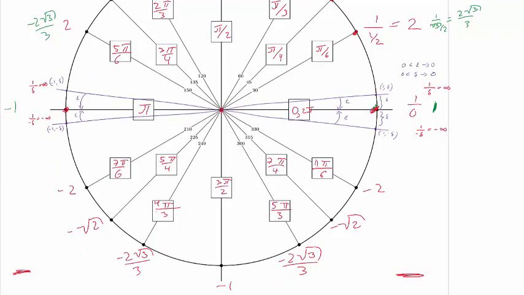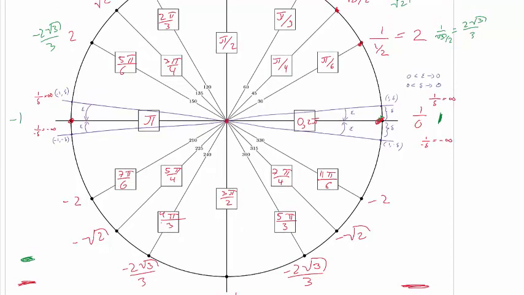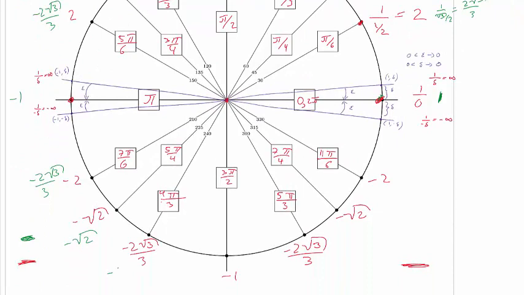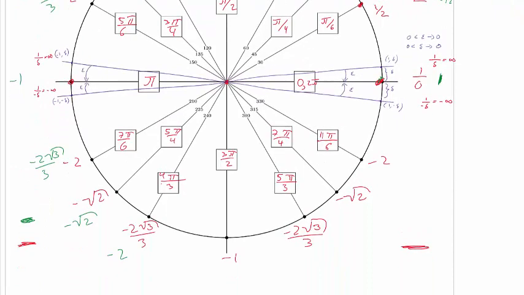Note down here in quadrant 3, the x values will be negative as well, so we just repeat the same pattern as we did in quadrant 2. Right, and then down here will be negative 2. Note once again, x value is 0, so we're going to get a 1 over 0.